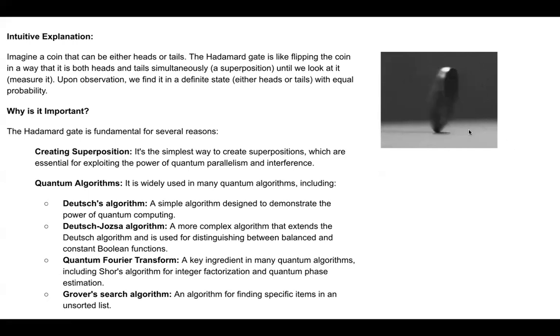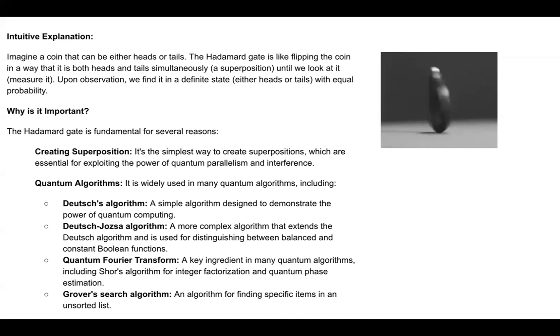Upon observation only would we know what it is, either heads or tails with a coin flip, or 0 or 1 if it's a qubit.